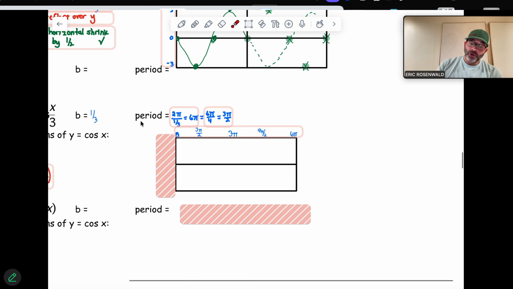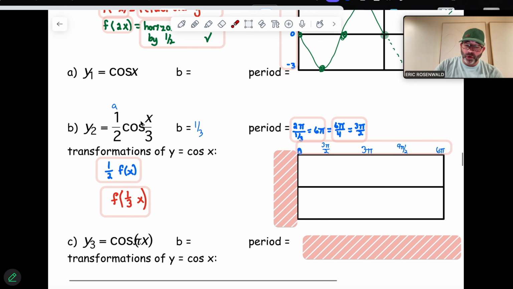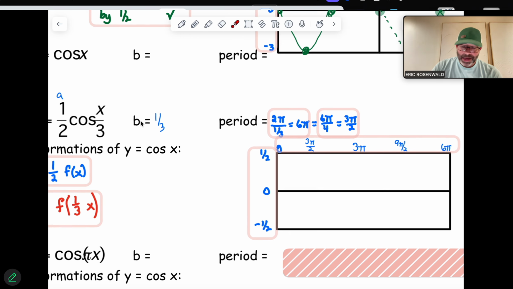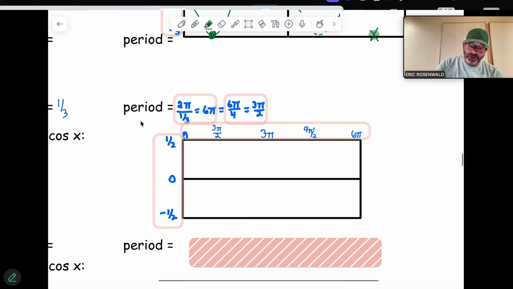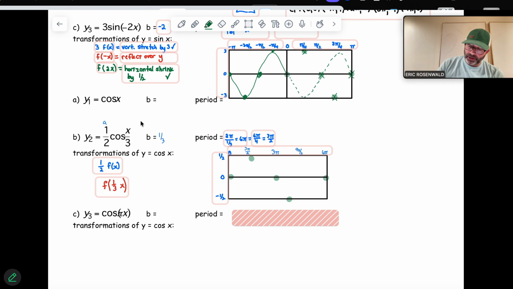Okay? Normally my graph would go up to 1 and down to negative 1. And what happens is in this one, we have our vertical shrink by 1/2. So we're going to go up to 1/2 and down to negative 1/2. And then we'll go ahead and make our graph like usual. So we got point, point, point, point, point, point. It's a sine curve, right? Oh, sorry, it's a cosine curve.